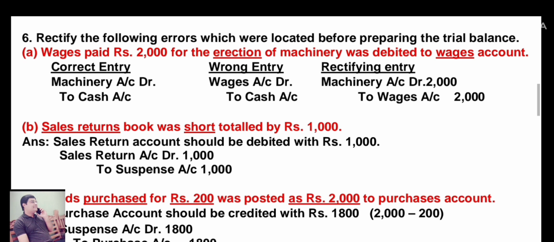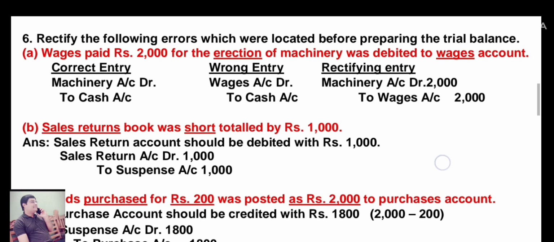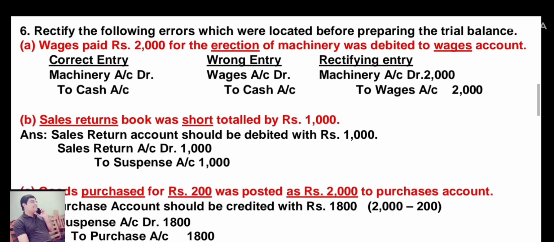We have to rectify. In the exam you have to write only the rectifying entry. I have given the correct entry, wrong entry and rectify entry to help you understand how to write the rectify entry. The correct entry and wrong entry you do on rough paper. In the exam you write only the rectify entry. No need to write the correct entry and wrong entry. That is only for your rough work.